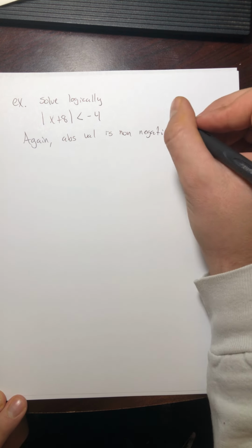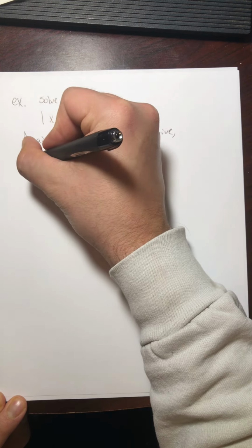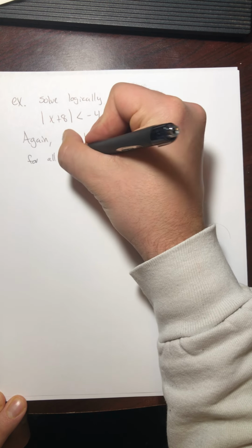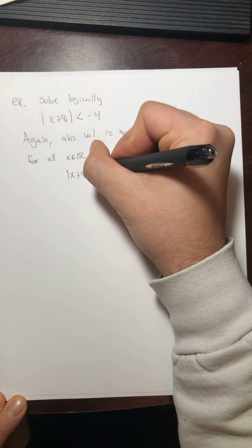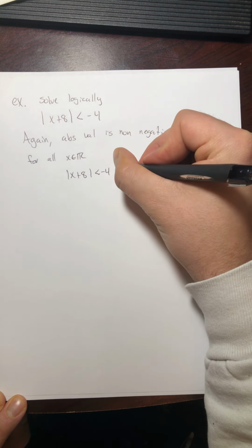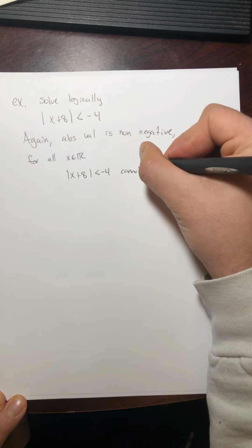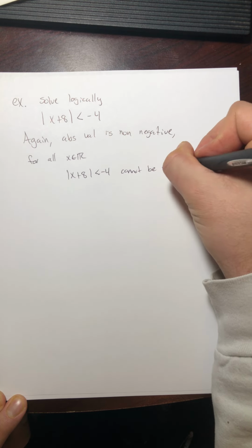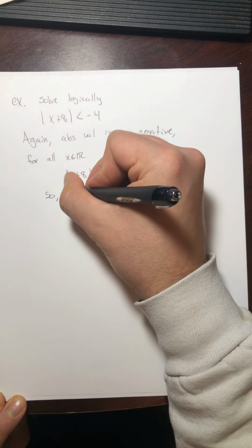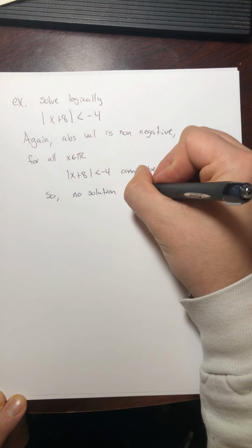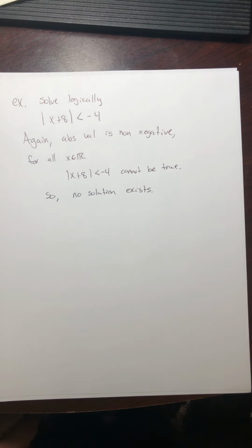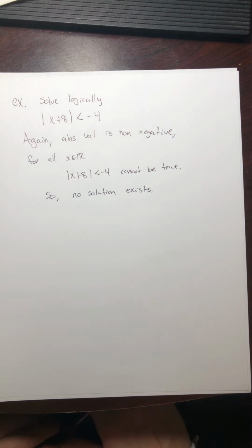So from that, we can say for all real numbers x, the absolute value of x plus 8 less than negative 4 cannot be true. And then we can quite simply say no solution exists. And that's also the same as saying the solution is the empty set.